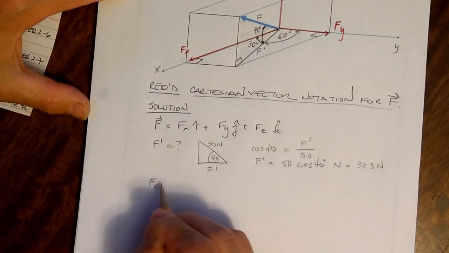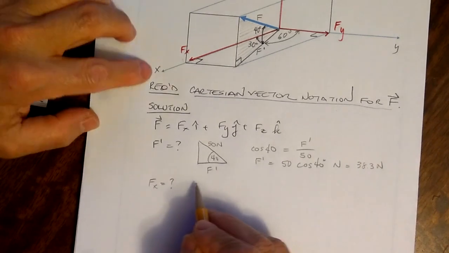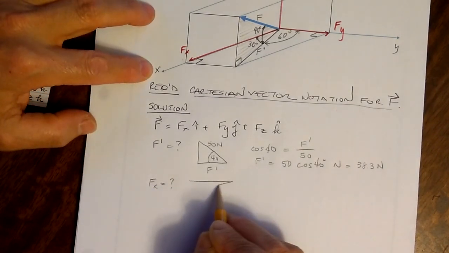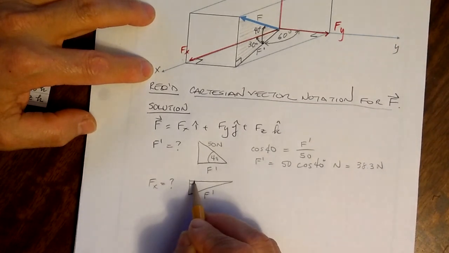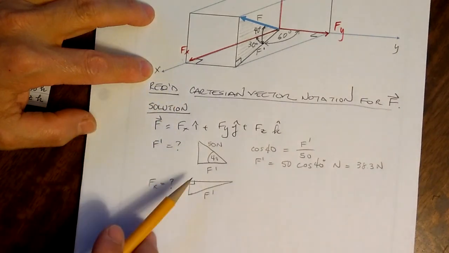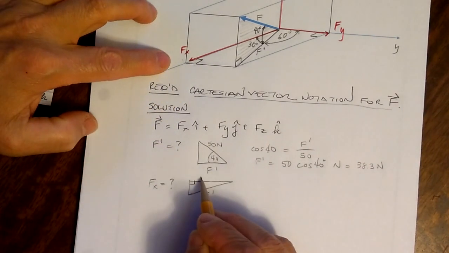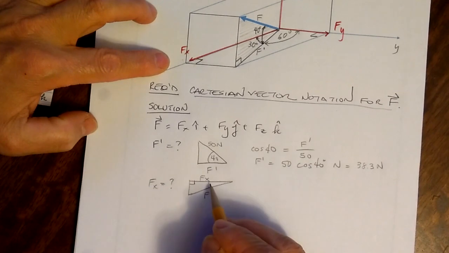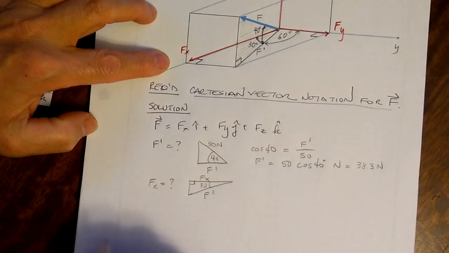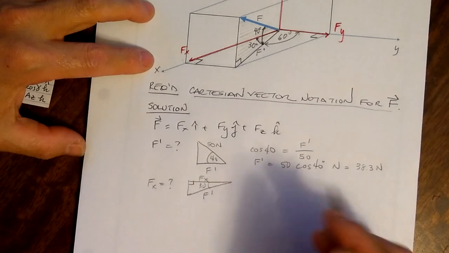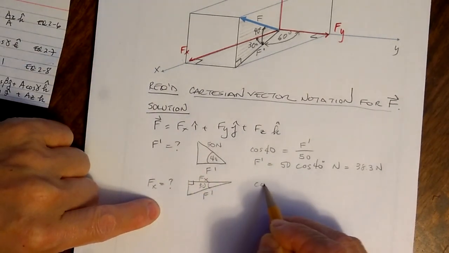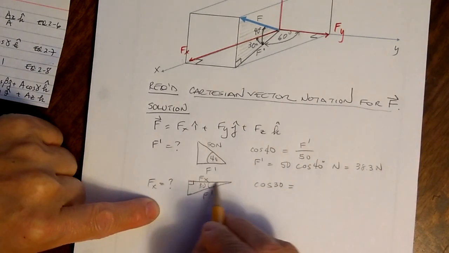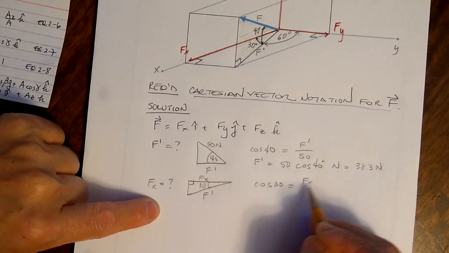Next, now we're going to use this triangle to find F of x. So F of x is equal to what? It's actually working with this triangle where this is F prime. This is that 90-degree right there, okay? And therefore, this is F of x, and this is 30 degrees. Therefore, cosine of 30 is equal to adjacent, which is F of x, over the hypotenuse, which is F prime.